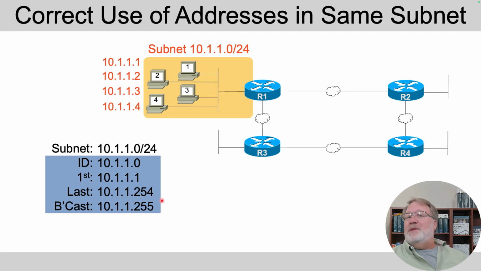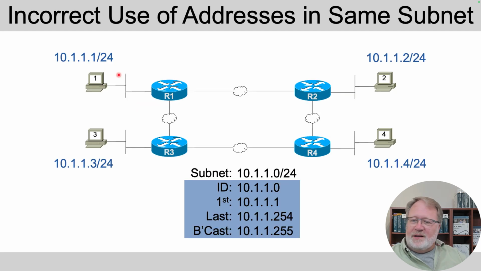Now, one of those rules I mentioned offhandedly was, hey, all the devices that should be in the same subnet should not be separated from each other by a router. Well, PC 1, 2, 3, and 4 are not. But what if we did something like this? PC 1, 2, 3, and 4 are way across the network from each other, separated by these routers, but they have numbers that place them in this one subnet.